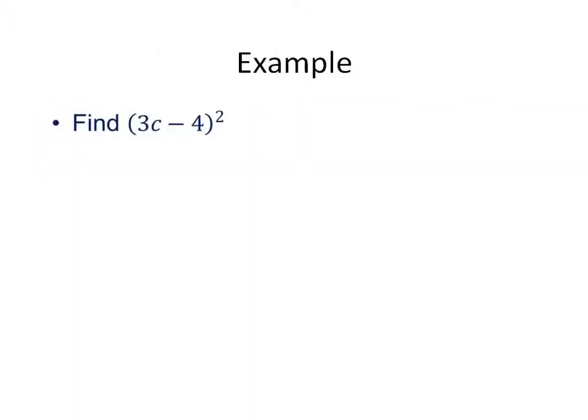All right, so knowing this pattern, if you know this is, get my minus sign in there, a minus b squared, and that it produces a squared minus 2ab plus b squared. Here's your a, here's your b. Notice I did not circle that minus sign. The b is just the 4.